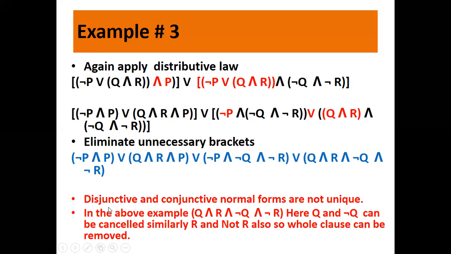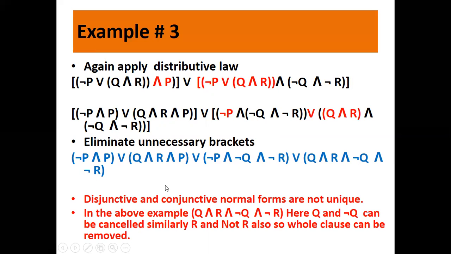Now put two statements here. Disjunctive and conjunctive normal forms are not unique. It is not necessary that every time we will get the same one. You might get a different one. How do we get it? In the above example, you have Q and R and not Q and not R. So this Q and not Q can be cancelled out, as with AND it will eliminate to false or zero. Similarly, R and not R can also be cancelled out.